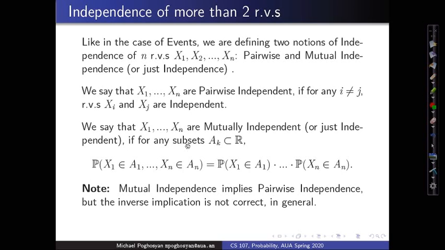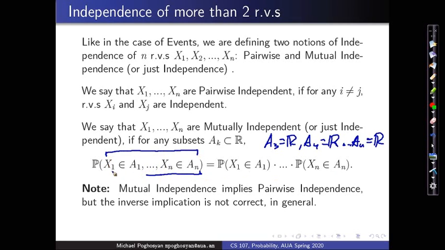Then I can take A3 to be R, A4 to be R, etc., An to be R. If I take all the others to be R, then in this condition, x3 is in A3, every point will satisfy that, no need to write it. x4 is in A4, A4 is R, so x4 will always be in R, no need to write that.